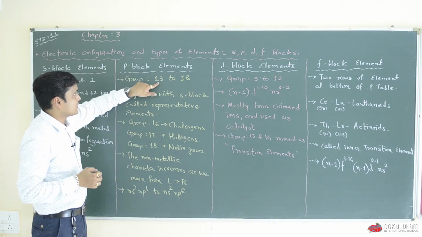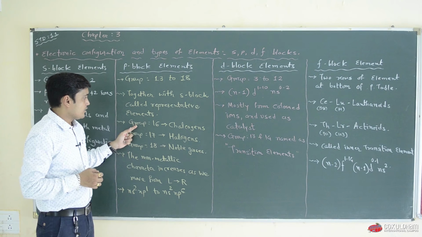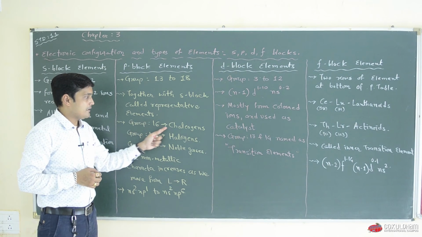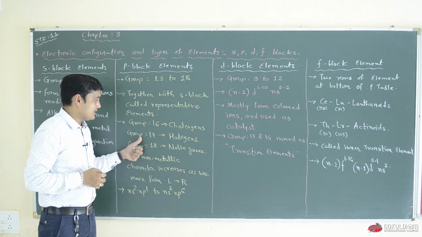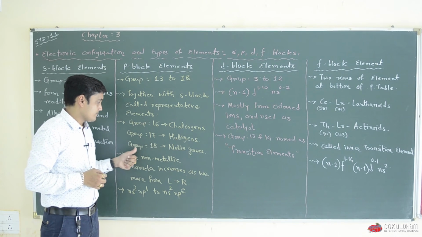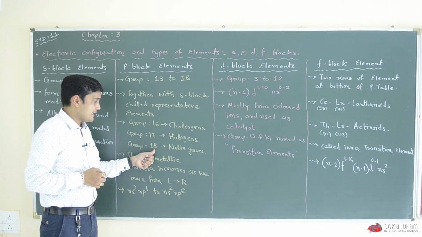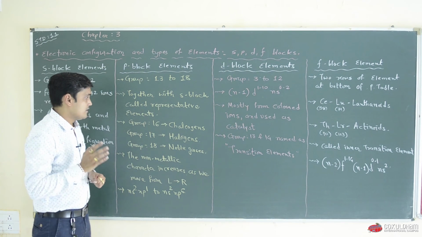In groups 13 to 18, various types of groups are there. Group number 16 elements are known as chalcogens. Group number 17 elements are known as halogens. Group number 18 elements are known as noble gases.